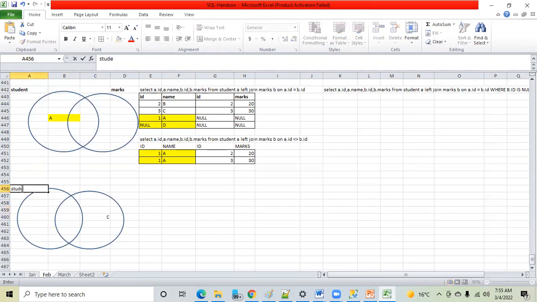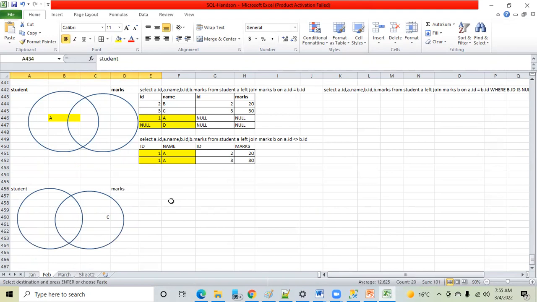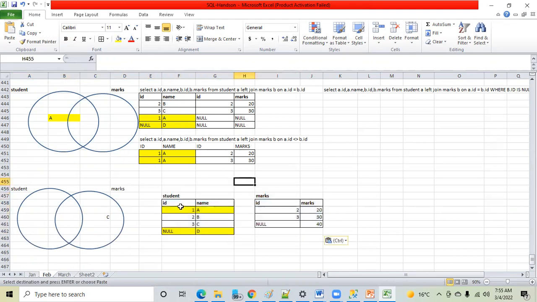This is your student table, and this is your marks table, but I want C. So if you compare now, take this record again, keep it here, and if I tell you that I want the area C, which record am I looking for in this table?